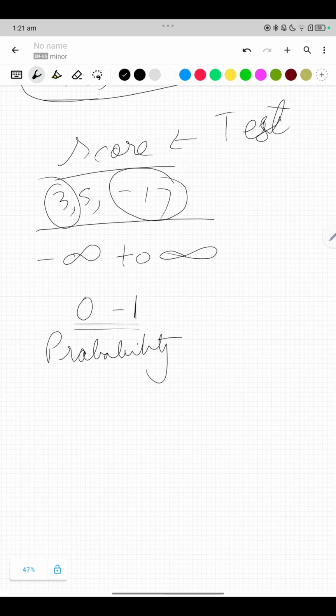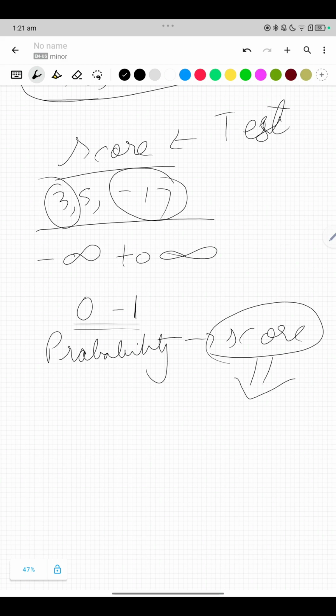But what exactly does the model do? The model makes or finds a score, right? It generates a score. But because of the maths that we know, we put this score through a function. And what does that function do for us?